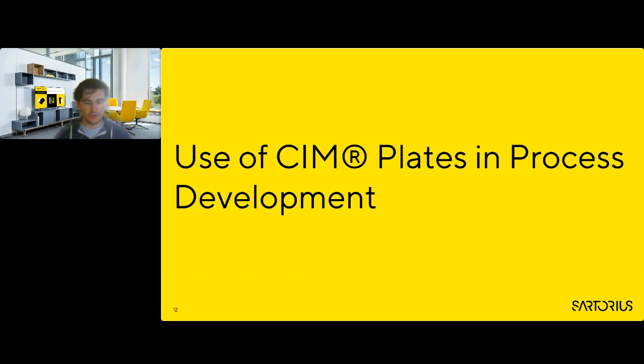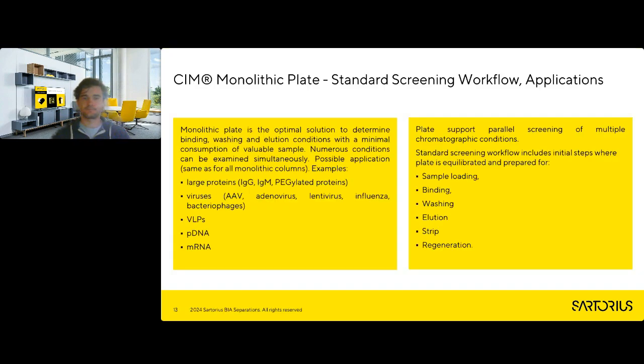So how do we use SIM plates in our process development? We can use SIM plates for evaluating different chromatographic conditions, from sample loading, what are the best binding conditions, washing conditions, to elution conditions.